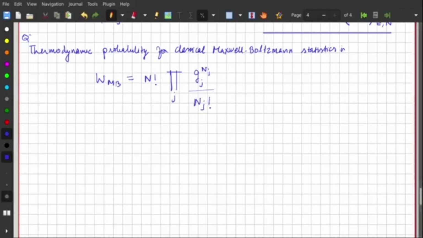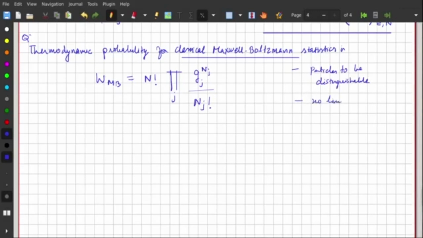By classical Maxwell-Boltzmann statistics we mean the statistics derived by Boltzmann himself, who assumed the particles to be distinguishable, and no limits on the number of particles in each energy state.